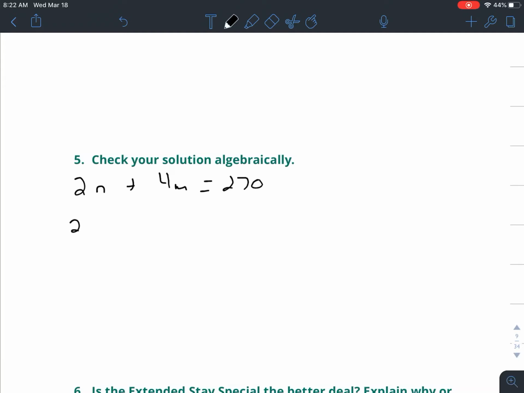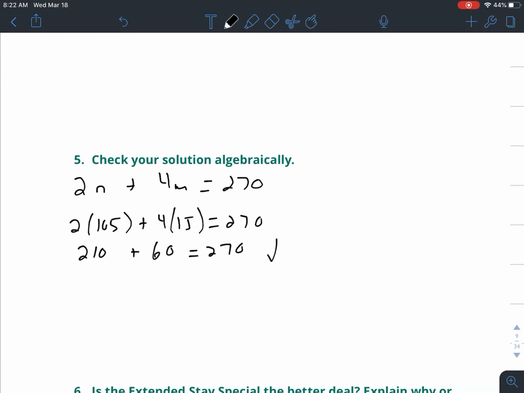If you place the numbers inside, so 2 times 105 plus 4 times 15 equals 270. We said this should be coming out to be 210 plus 60, which does equal 270. So that one works. So now let's check our other one.